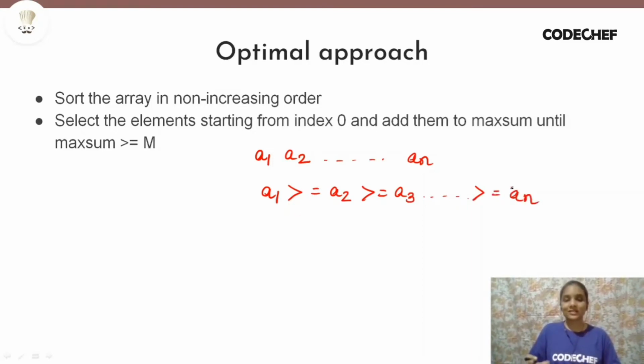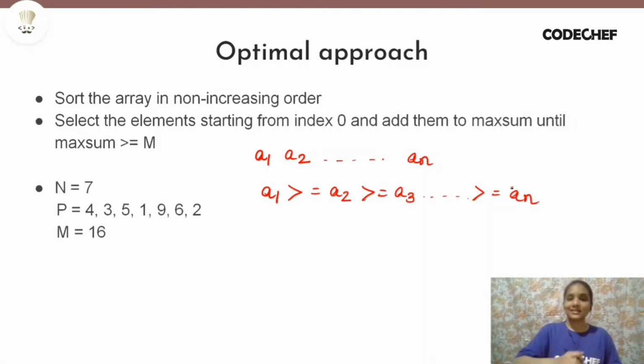So this is what a non-increasing order is, and we will sort our array into this order. After sorting, starting from the first index, we'll select the elements up till the point where max sum becomes greater than or equal to m.